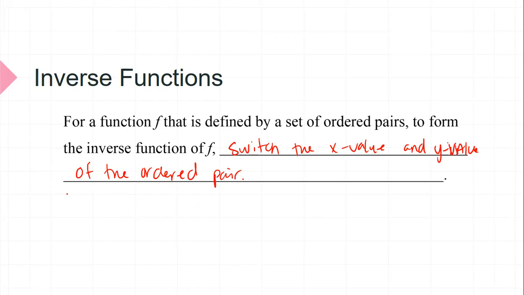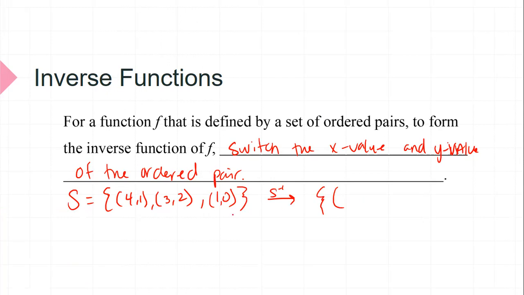So for example, if I have this set of points on a graph, let's say (4, 1), (3, 2), and (1, 0), and I want to find the inverse. This should be an S, not an F. What am I doing to the set to find the inverse?